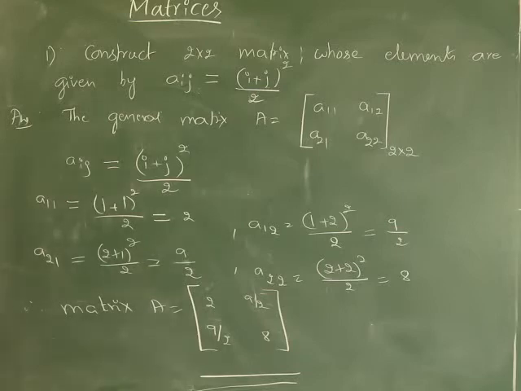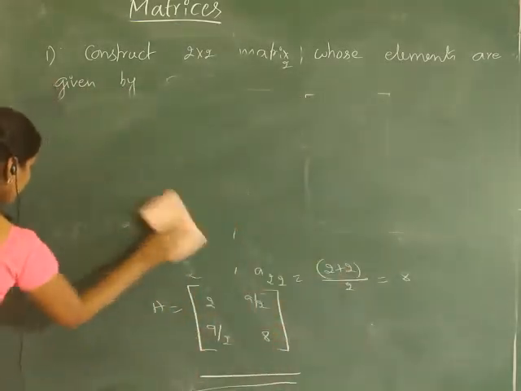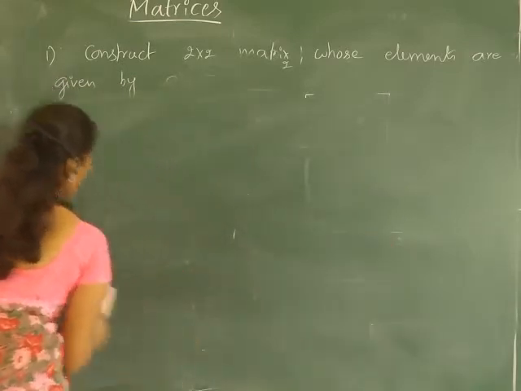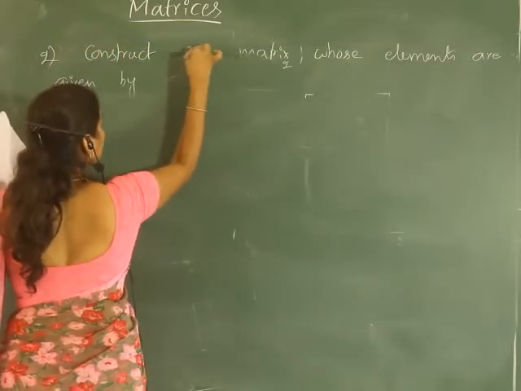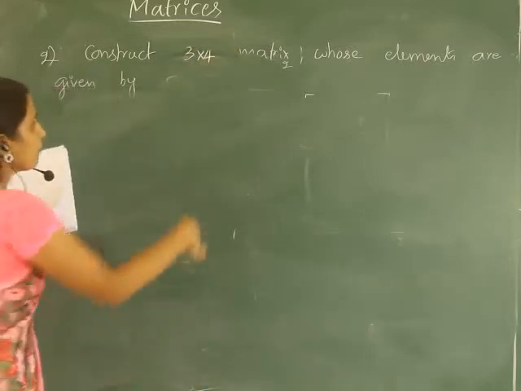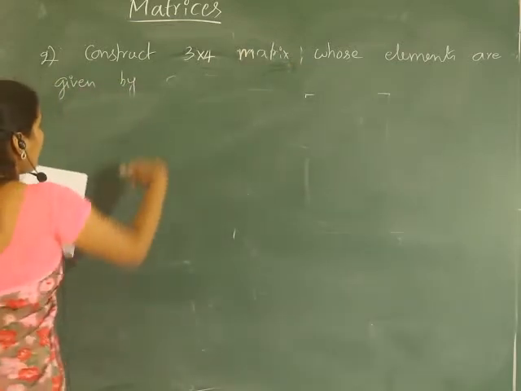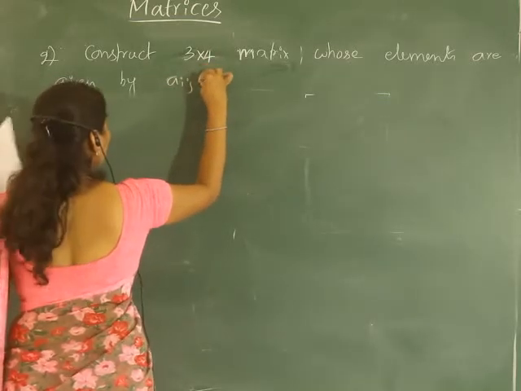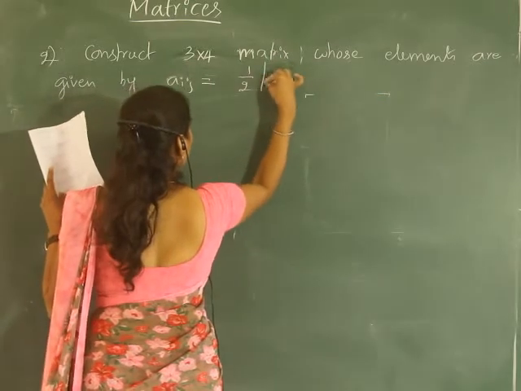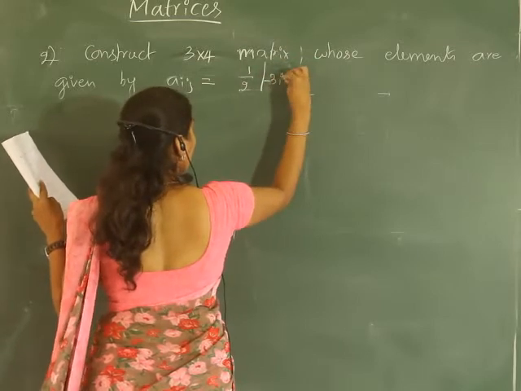Next problem, construct a 3 by 4 matrix whose elements are given by Aij equal to half into modulus of minus 3i plus j.